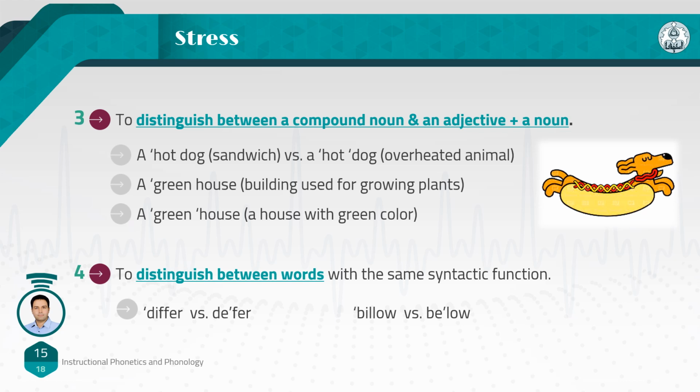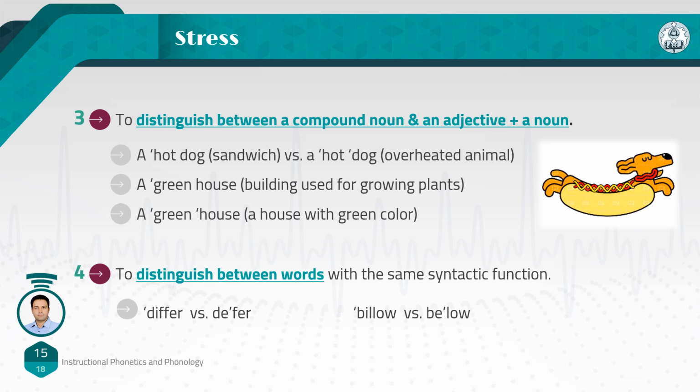Another example is below and below. This is another pair of words which illustrates that again, differences in stress are not always differences between nouns and verbs.